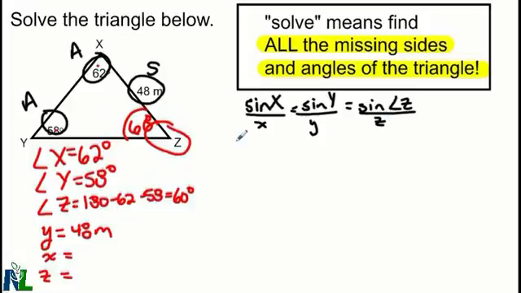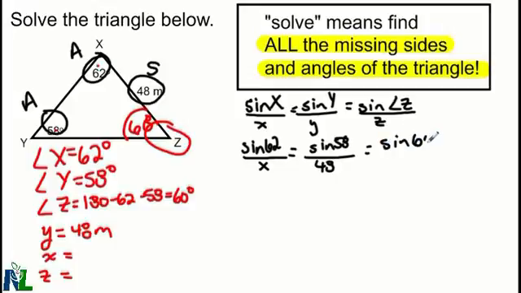Filling in the information we know, we have the sine of 62 over x equals the sine of 58 over 48, which is equal to the sine of 60 degrees, the angle we found using the sum of angles in a triangle is 180, divided by z. We can only use two ratios at a time. We're going to use the sine of 58 over 48 to help us find x and z. We'll take this ratio first, the one where we know the numerator and denominator. So we're going to find x.